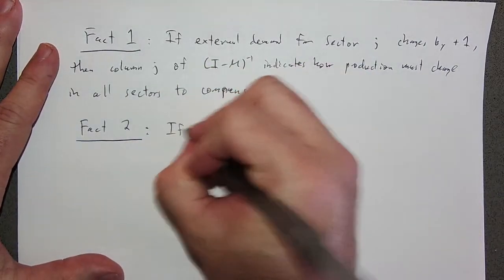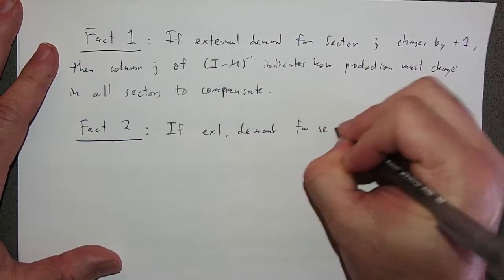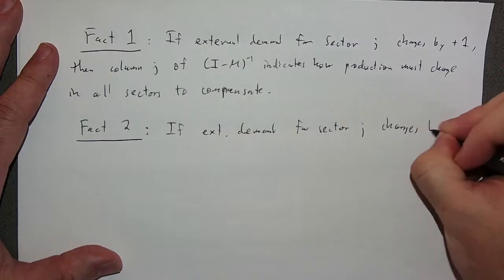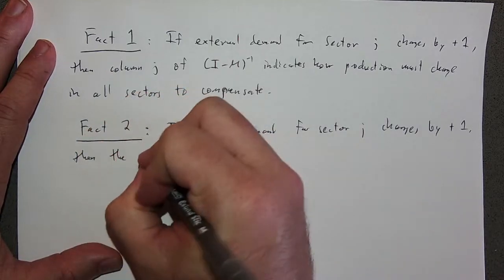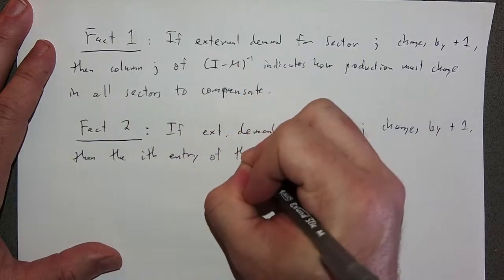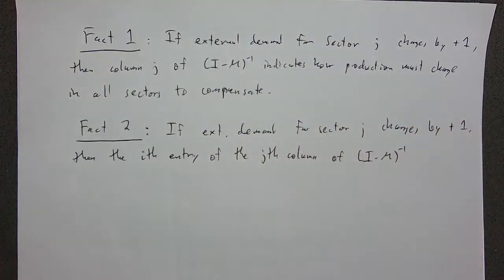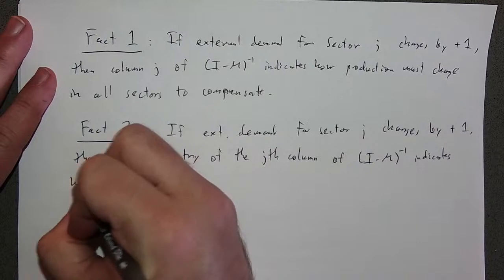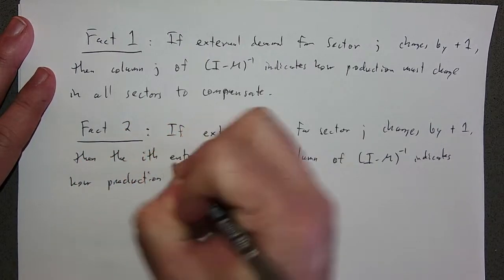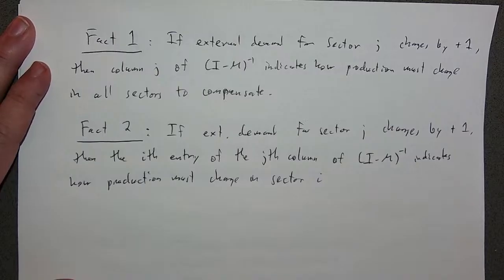So if the external demand for sector J changes by +1, then the ith entry of the jth column of I minus M inverse, or as a shorthand, the ijth entry of I minus M inverse, indicates how production must change in sector I in order to compensate.